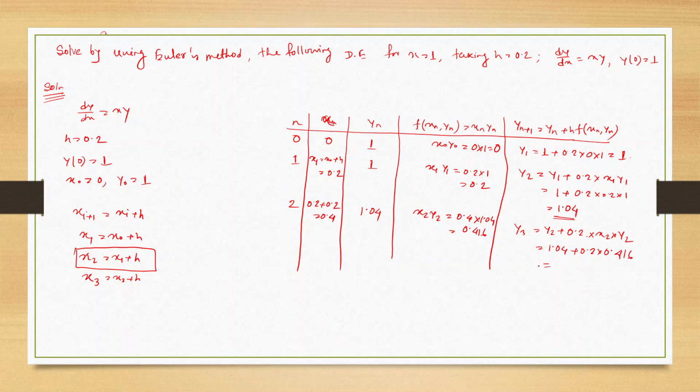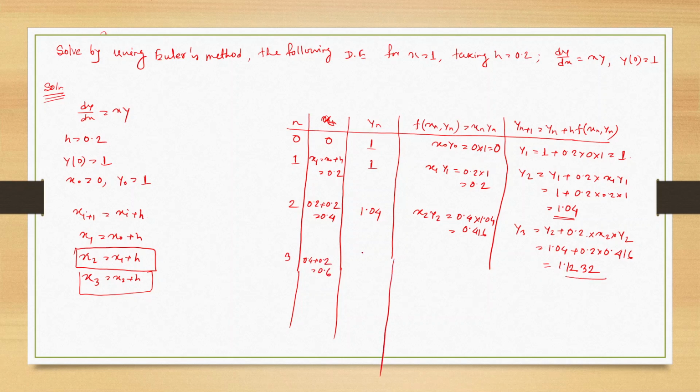So if we calculate we will get the value 1.1232. So next for n is equal to 3, x3 is equal to x2 plus h, that is 0.4 plus 0.2, this is 0.6.